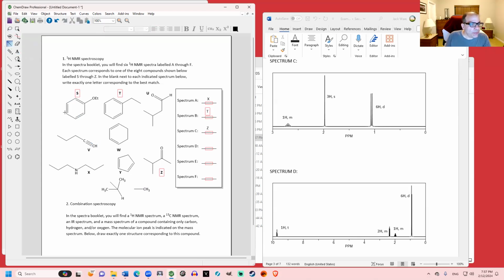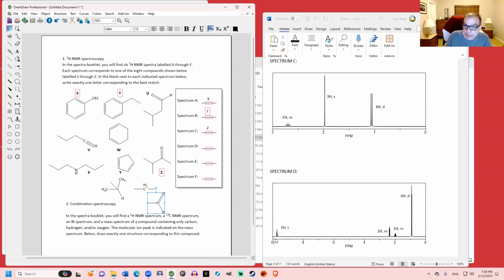So the pieces that we have here are an isopropyl group, a CH2, and an aldehyde functional group. Not only that, but we know that the aldehyde functional group is attached to the CH2 because these two protons are splitting the aldehyde hydrogen into a triplet.